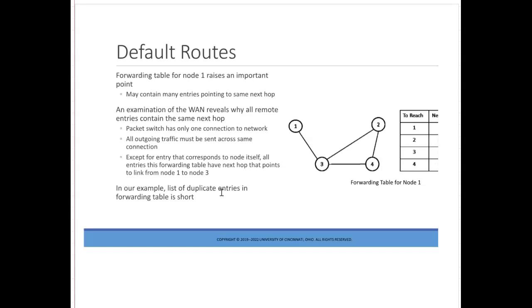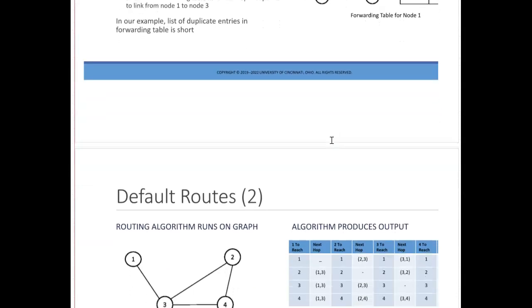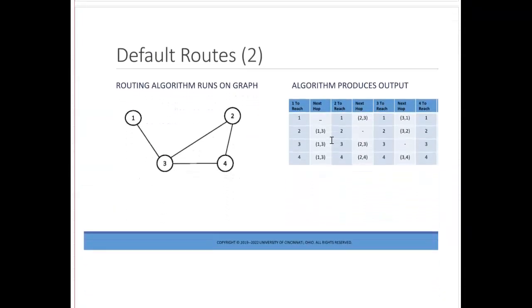In our trivial example, the list of duplicate entries in a forwarding table is short. Here is the graph and table listing the next hop for each packet switch to reach a specific destination.